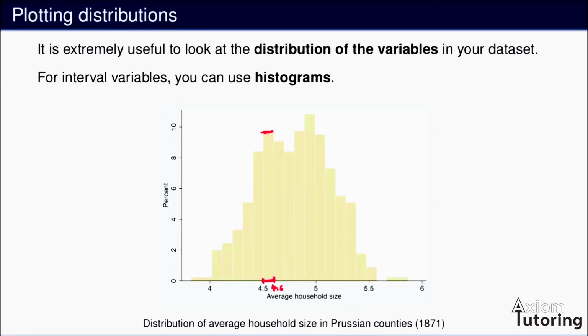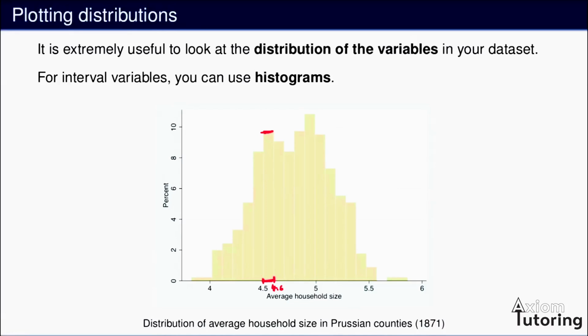Now, here, I just allowed my statistical software to choose the bin size. And in most cases, that's a good idea. And the choice that your statistical software will make will be a good one. But there are cases where you will want to change the bin size because the automatic bin size will prevent you from observing certain patterns, okay?